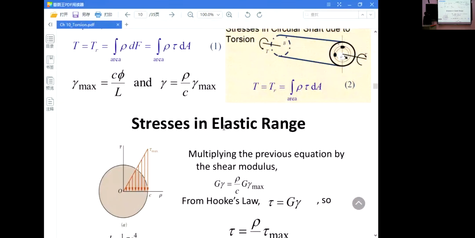Sigma equals E epsilon, Hooke's law. It's also Hooke's law. We know gamma rho equals what?